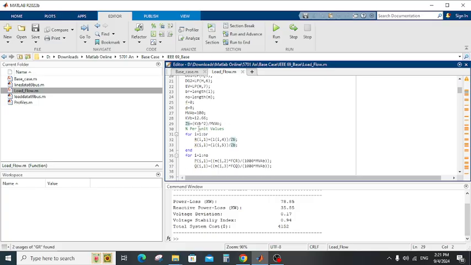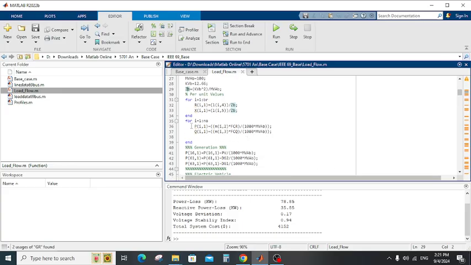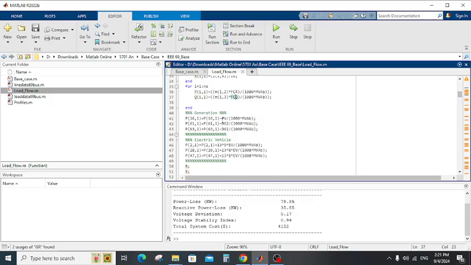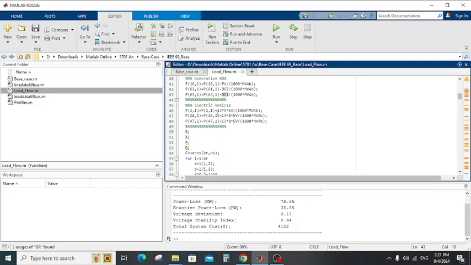Then we calculate the per unit value of the resistance and reactance for each line, and after that we apply the real power profile and reactive power profile, and also locate the PV and distributed generation, and the electric vehicles, at each bus as we put in the specification of the project.